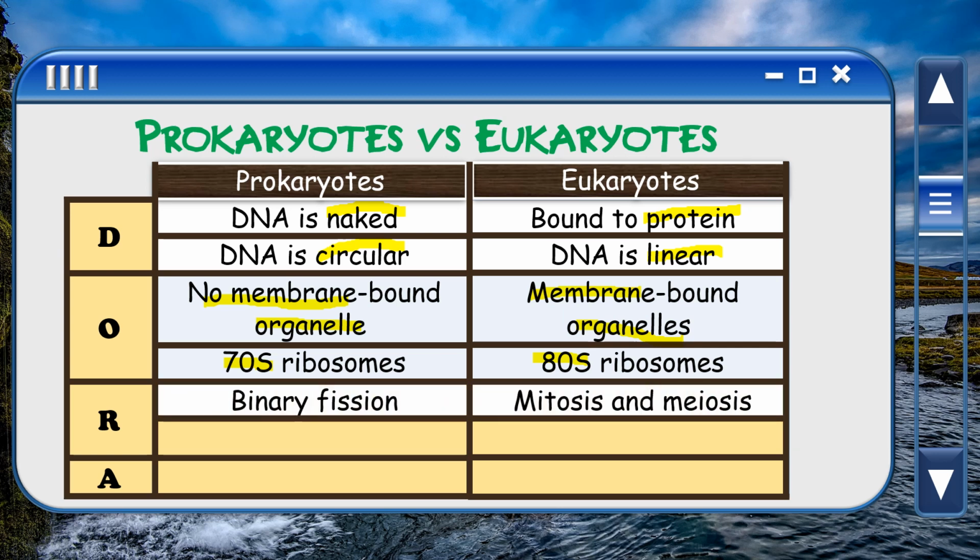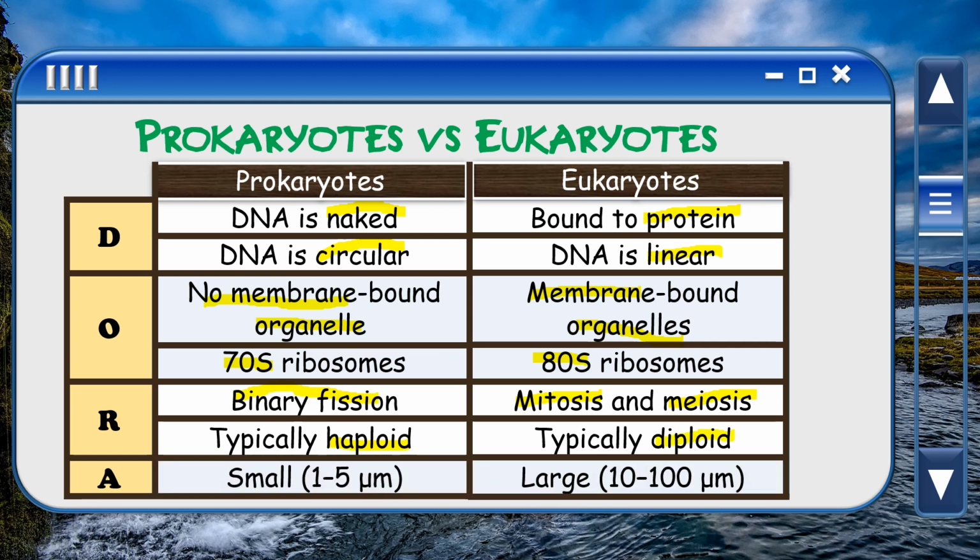When it comes to reproduction, prokaryotes reproduce by binary fission, whereas eukaryotes reproduce by both mitosis and meiosis. Still on reproduction, prokaryotes are haploid, and eukaryotes are diploid.